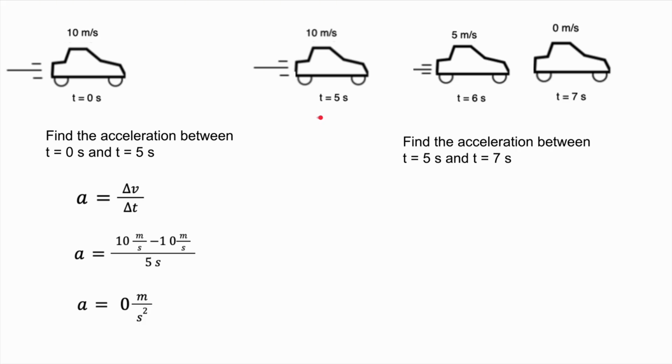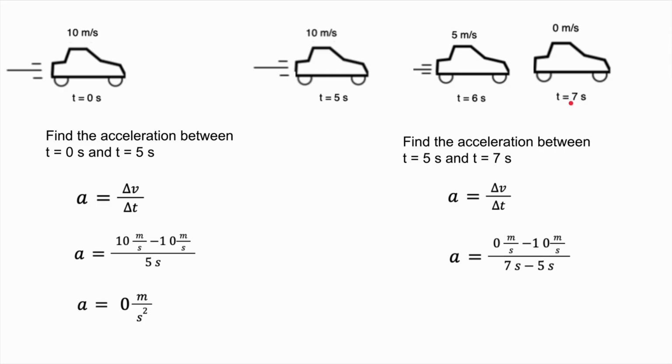All right, now let's look at the acceleration during the time period t equals 5 to t equals 7 seconds. Again, I'm going to use this equation. Again, delta means final minus initial, so this means 0 minus 10. That gives me negative 10 divided by, and here is why it's important to always think of this not as t, and I'm lazy, I often write t, but really it's delta t, because what was my final time?